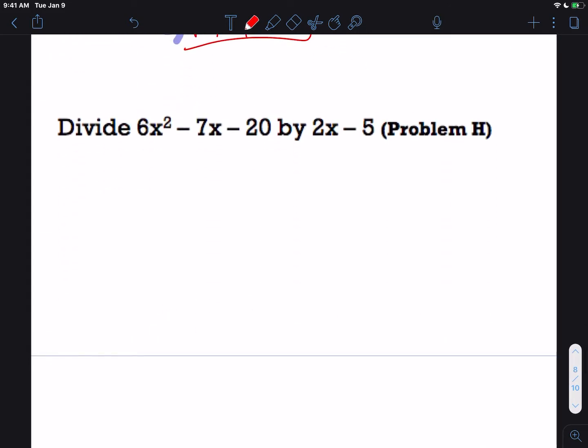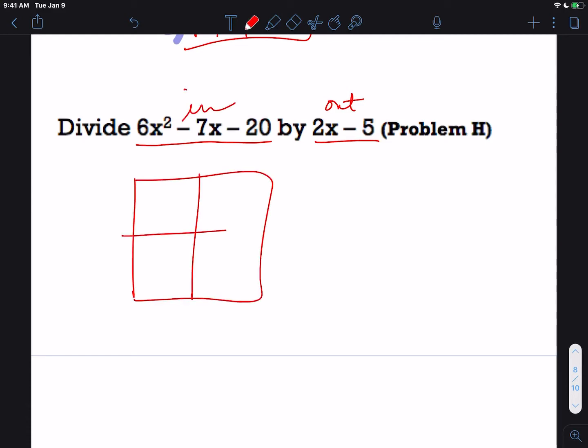Same thing again, they want us to divide. So I'm going to put this guy on the inside, this guy on the outside. So I asked myself, what did I multiply 2x by in order to get 6x squared? 3x. 3x times negative 5 is negative 15x.